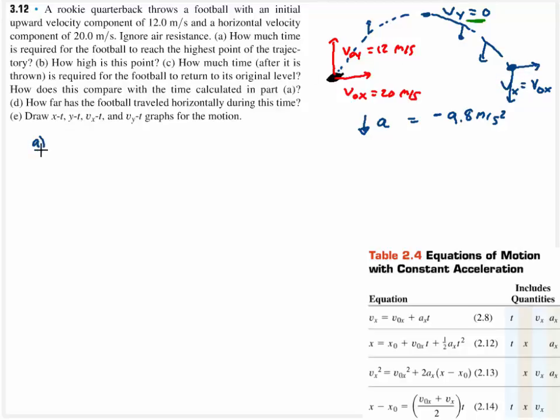So in part A, what we're looking for is how much time is required to reach the highest point. Well, what do we know? We know the initial velocity, we know the acceleration, and we know at the highest point that the y velocity is equal to 0. So let's take a look at this equation right here. Velocity in the y is equal to initial velocity in the y plus the acceleration in the y multiplied by time.